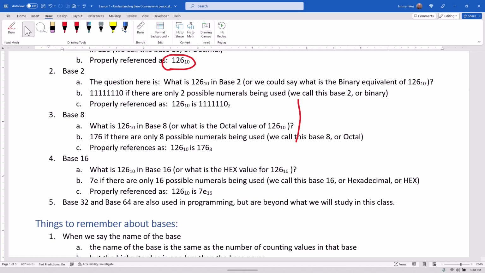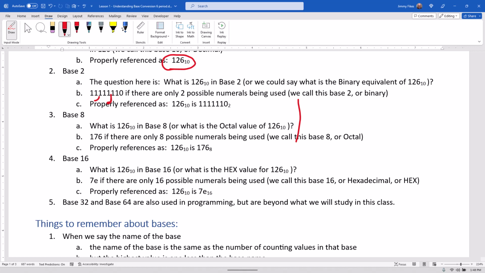So can we call this number right here 100? Put a comma right there, put a comma right there. Can we say that 126 in base 10 is 1,111,110 in base 2? No, you cannot say that.